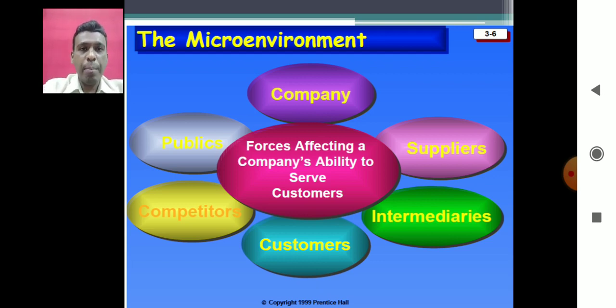Now, in a company, we may see that there are many departments. Whenever designing marketing strategies or putting out a marketing plan, a company must take into consideration all its divisions or departments.